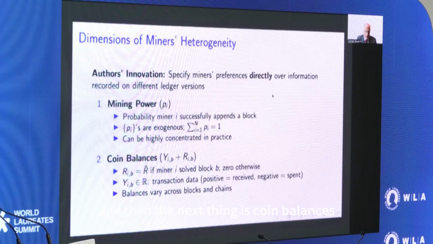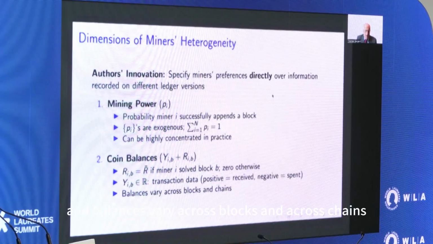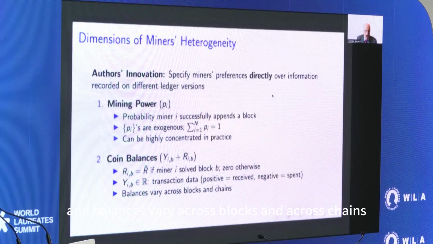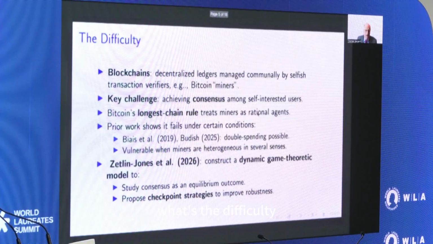And then the next thing is balances. There are balances and there's transactions data, and balances vary across blocks and across chains. Blocks are parts of chains. Okay, so what's the difficulty?